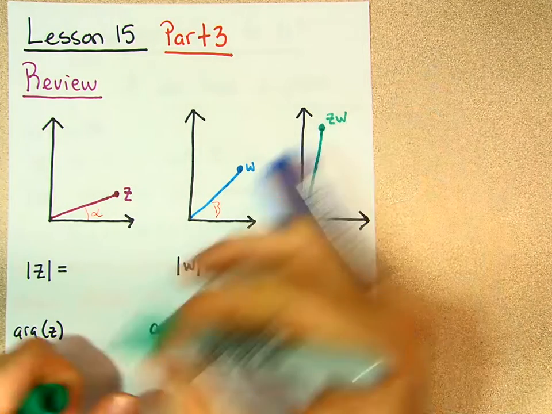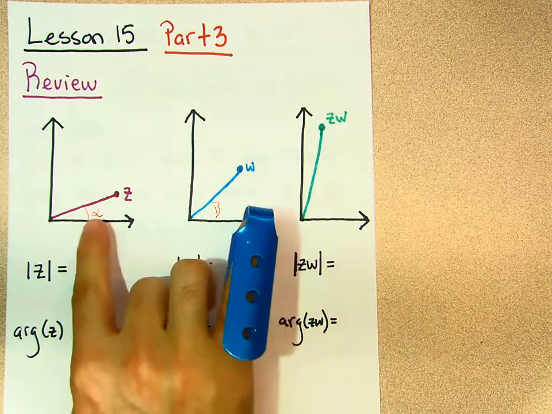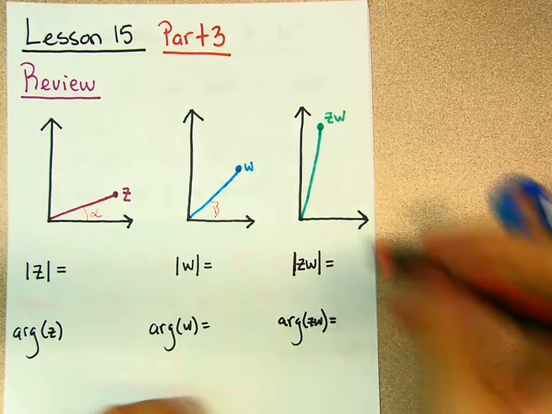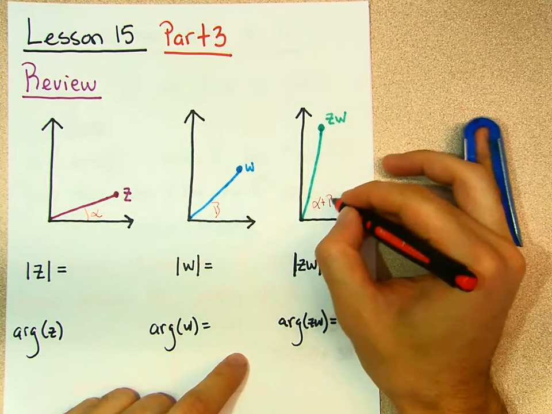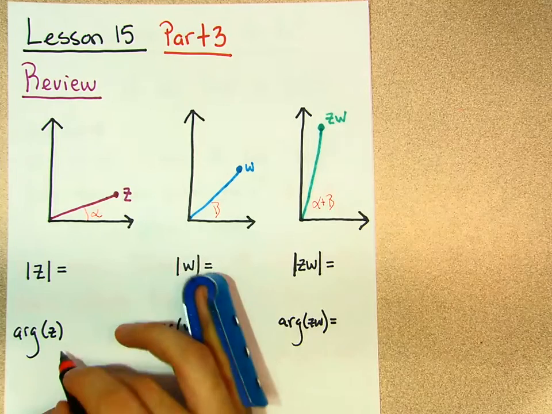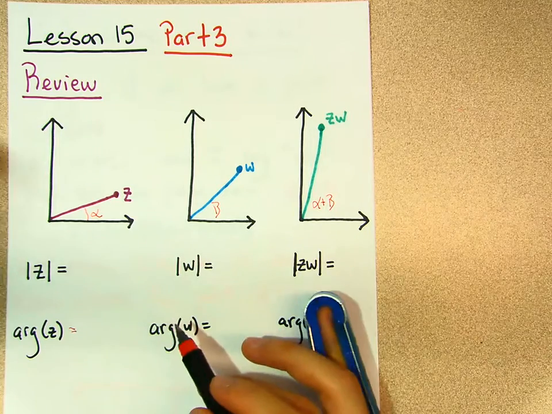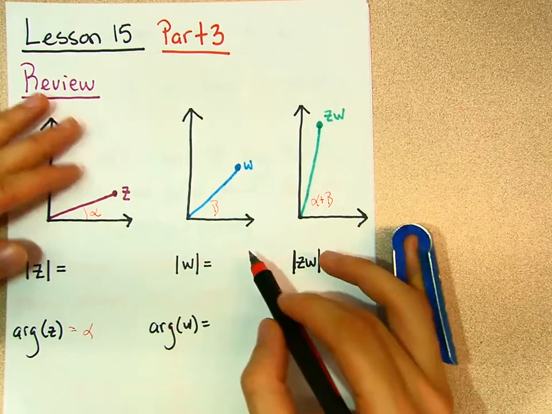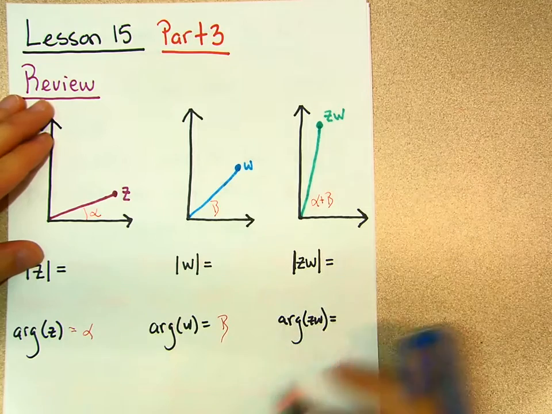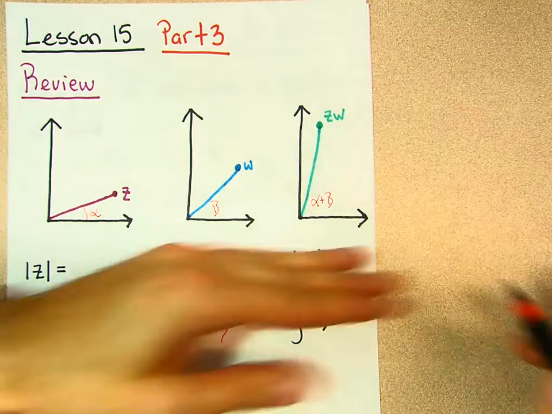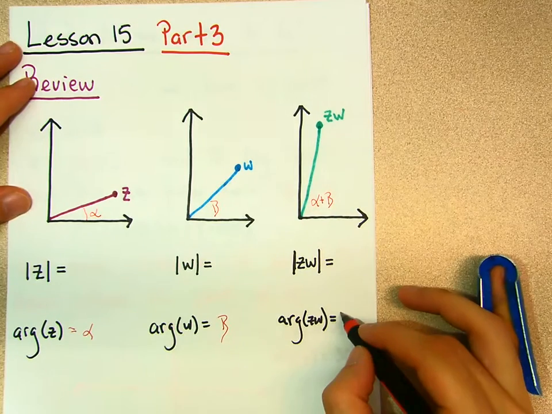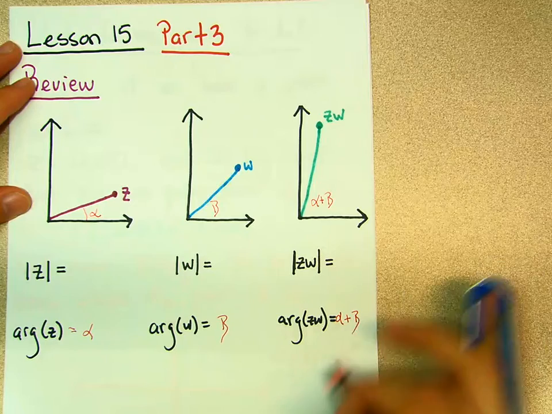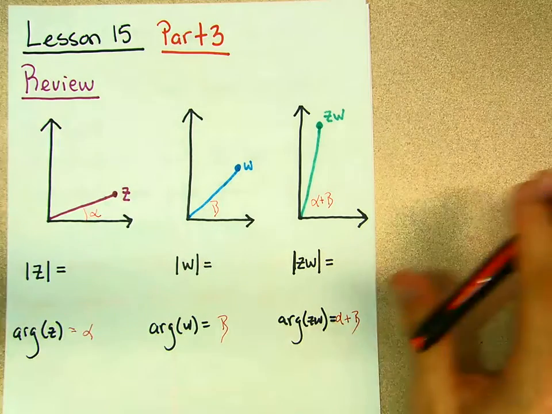This angle has to be this angle plus this angle, so it is alpha plus beta. This is the argument of Z, which is the rotation. If this is alpha and this is beta, then the argument, or the amount of rotation, for ZW has to be alpha plus beta, whatever alpha and beta are. They could be anything.